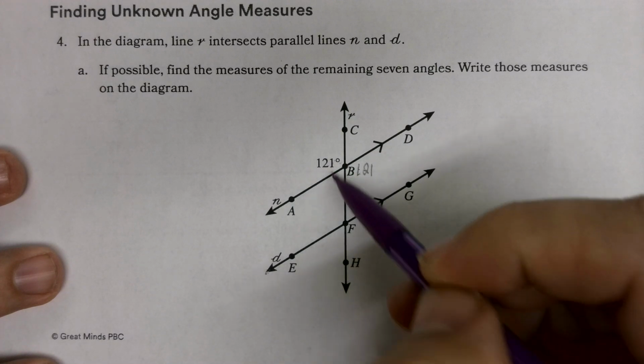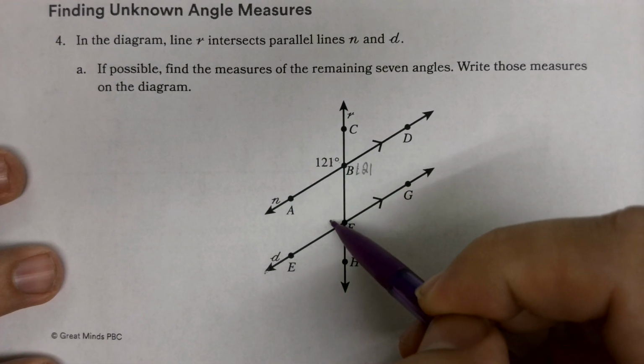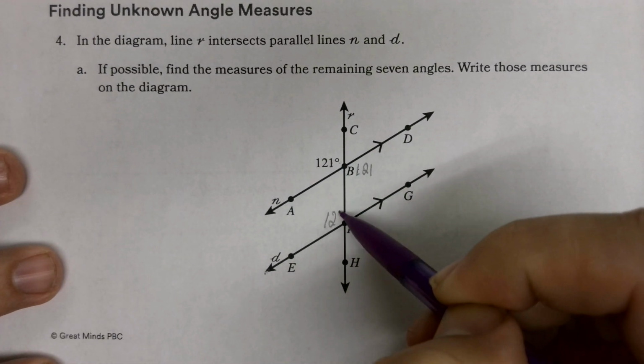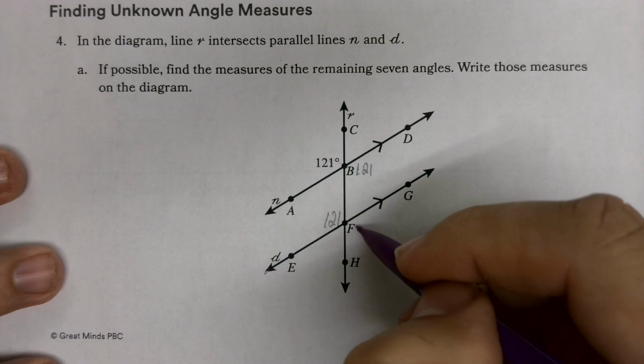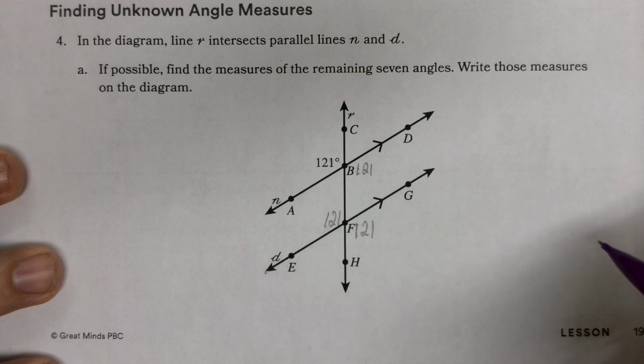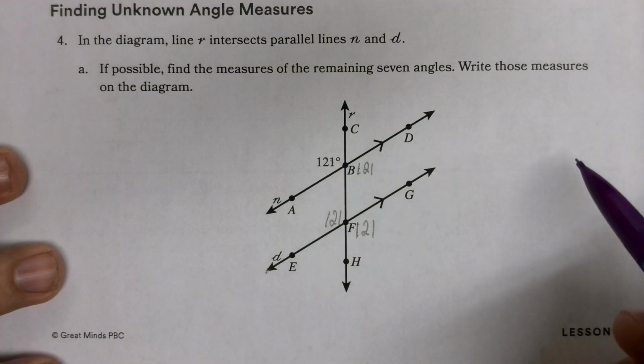I also know that the corresponding angle right here is 121, and that the alternate exterior angle of that is 121. What we have to do is find the rest of these.